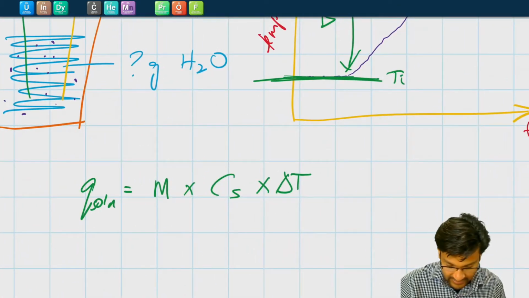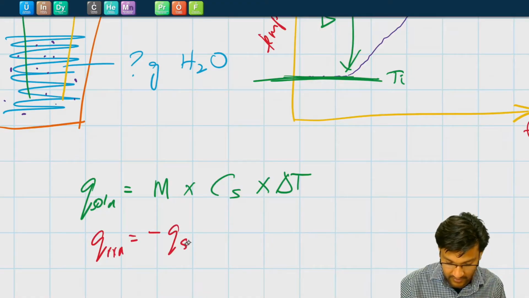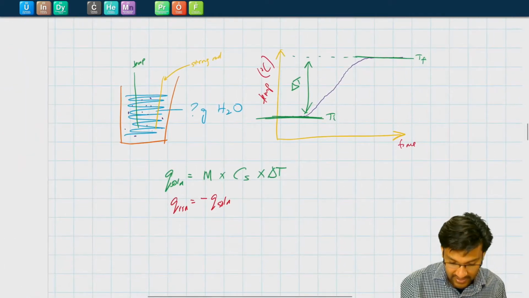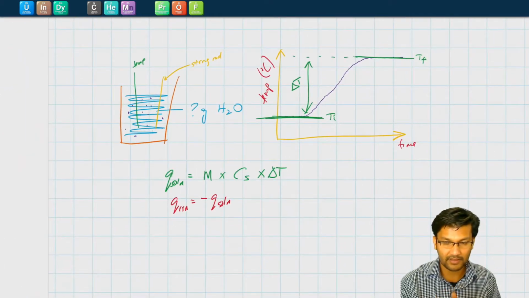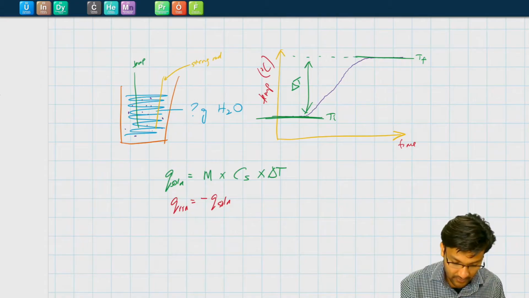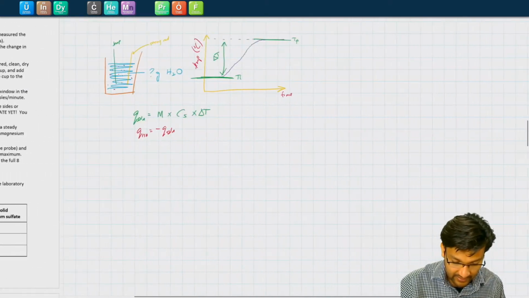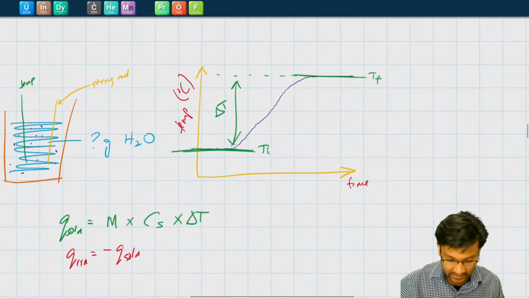We know that the heat from the reaction is going to be negative the heat from the solution. And then we can calculate the number of moles of solute, and that way we can calculate the delta H for that reaction.